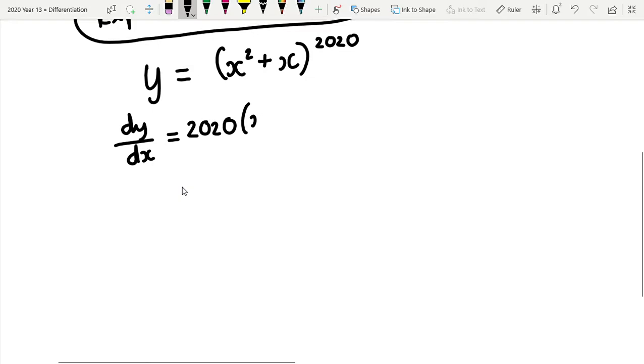So I get x squared plus x to the power of 2019. We're living in the past. And lastly, we don't forget to multiply by the differentiation of the function in the bracket. So we're going to times by x squared plus x differentiated.